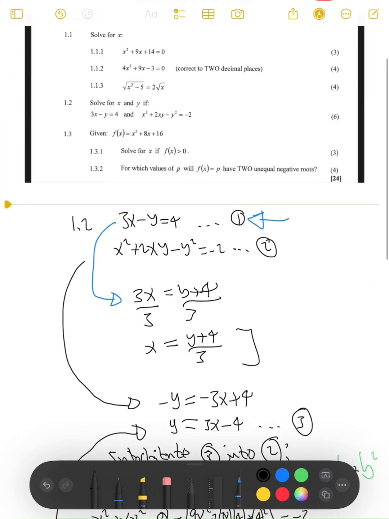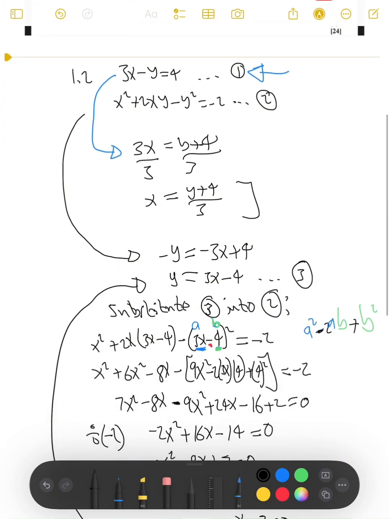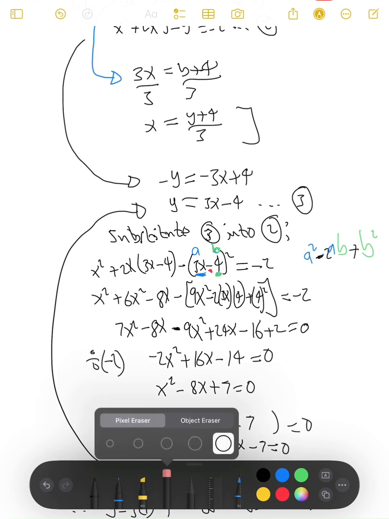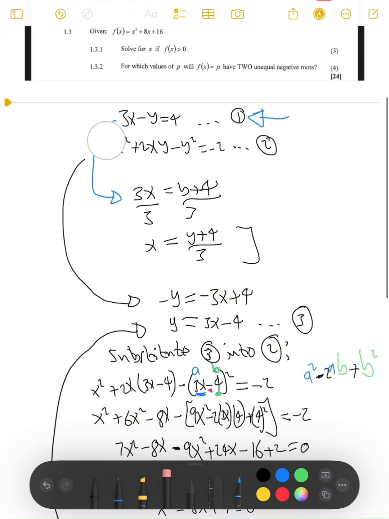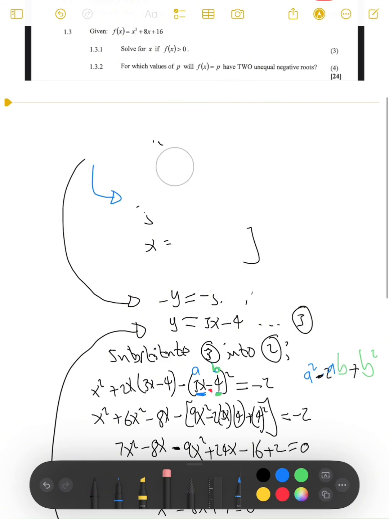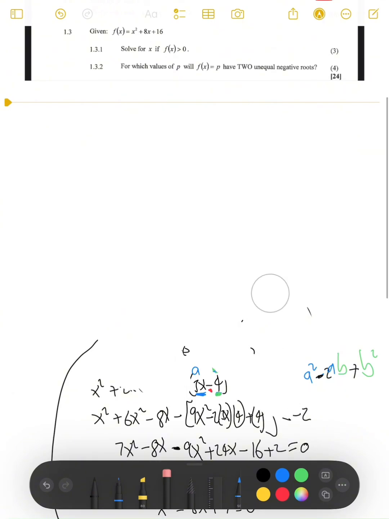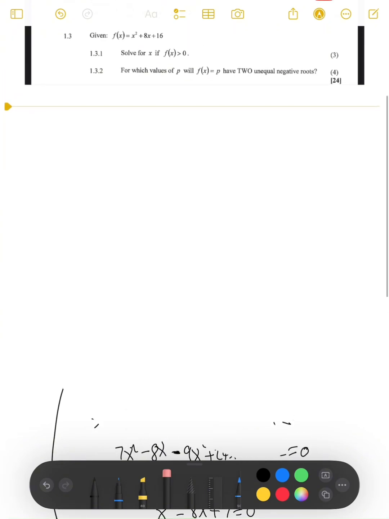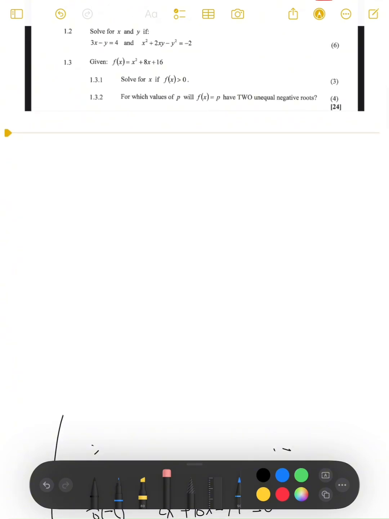Now let's move on to 1.3.1. Okay, so let me just erase the previous parts so we can continue. I want us to see the question as I continue. So there we are given f of x equal to x squared plus 8x plus 16.